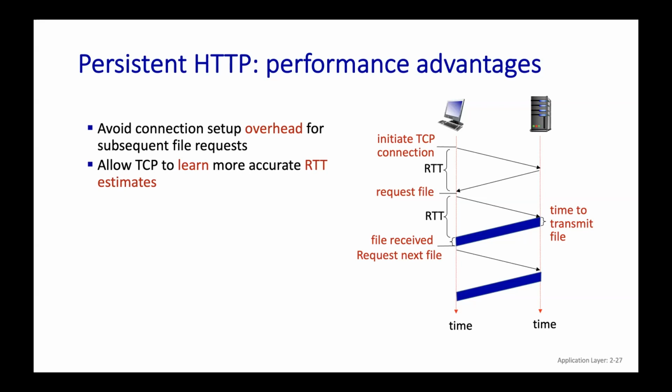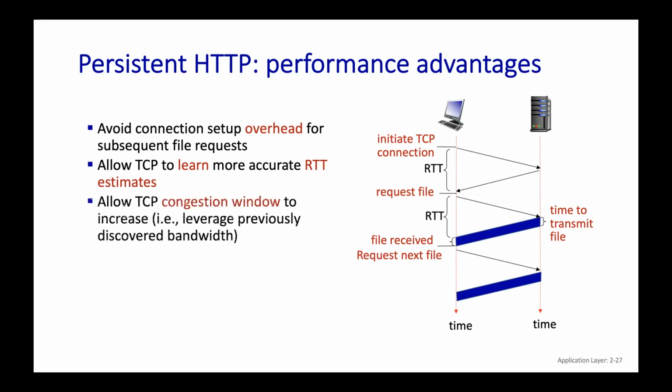TCP also uses the congestion window. Once again, we don't know anything about the congestion window yet, but I told you that the TCP congestion algorithm is such that if good news comes, we increase the rate, and if bad news comes, we decrease the rate. Very simple strategy.